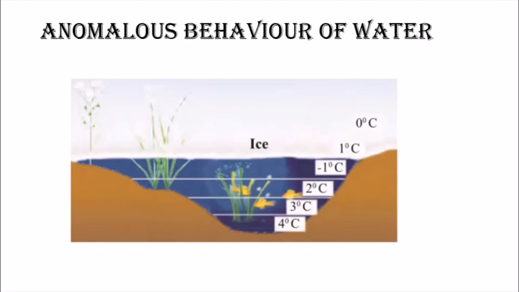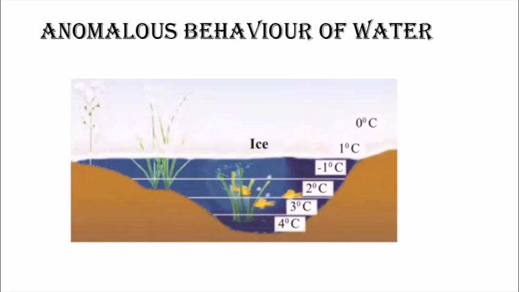However, as its temperature falls below 4 degrees Celsius, the opposite thing happens. That is, density starts decreasing. This means that the density of water decreases, and it is maximum at 4 degrees Celsius.